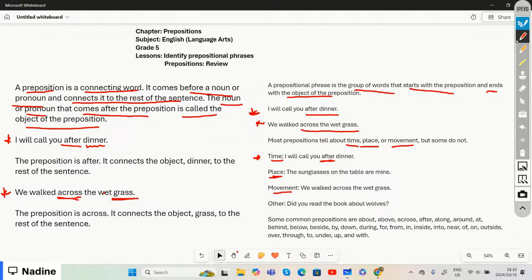It says, we walked across the wet grass.